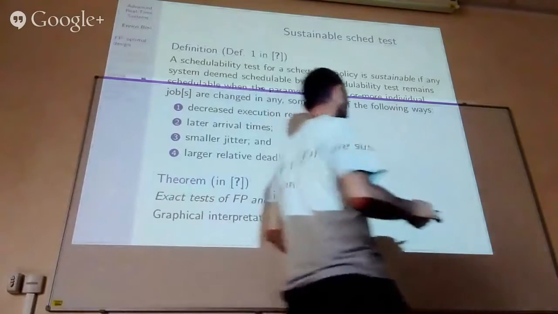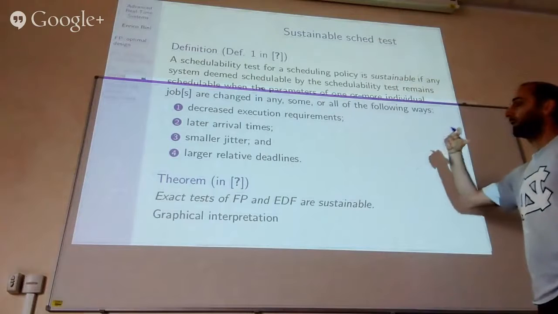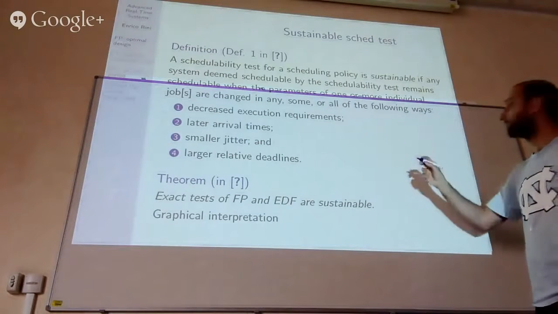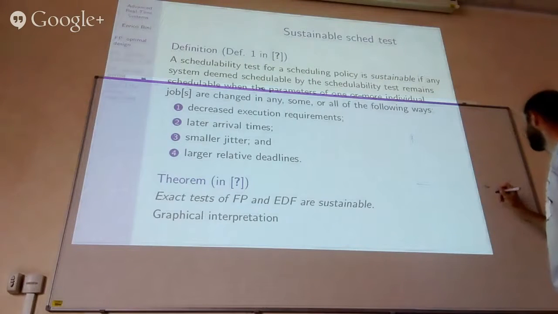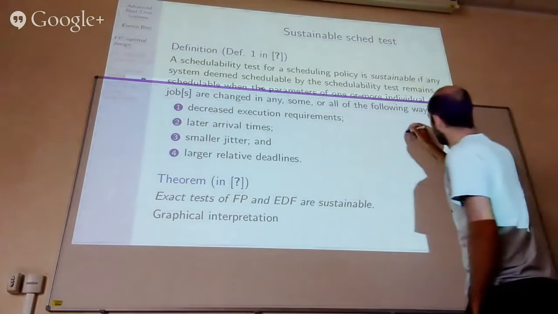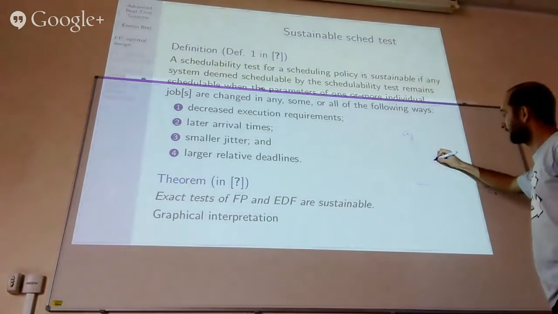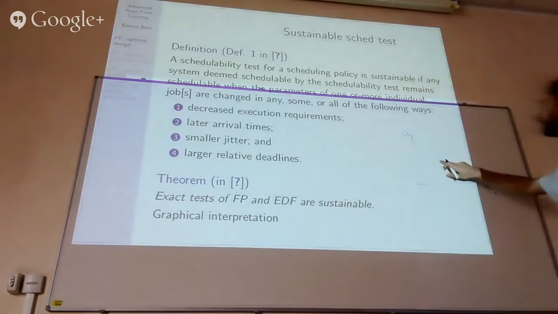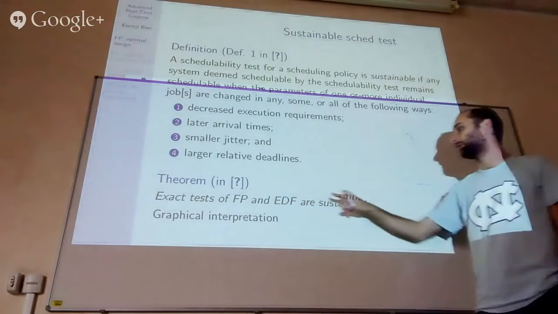What does it mean in terms of the schedulability region? Let's say that we have the schedulability region of computation times C1 and C2. They also prove that fixed priority and EDF are sustainable.